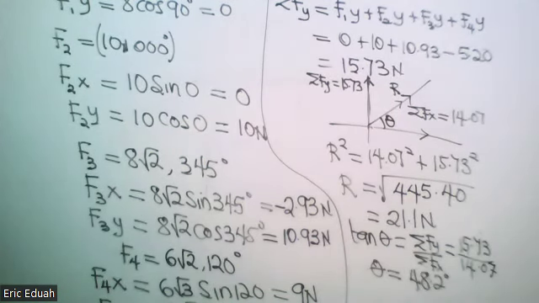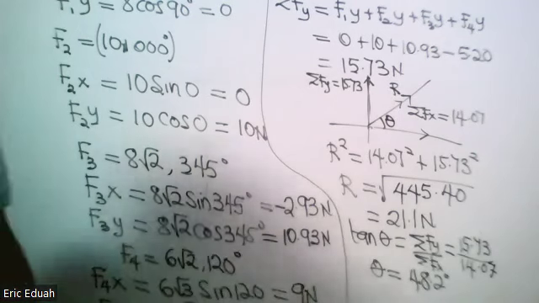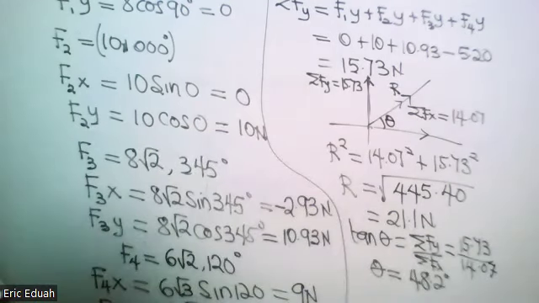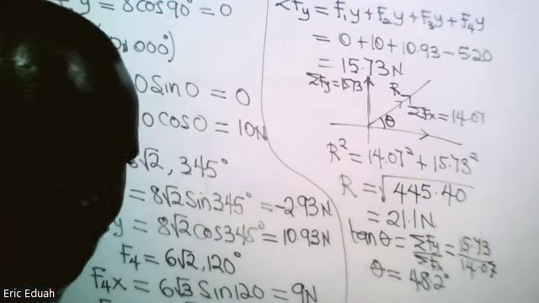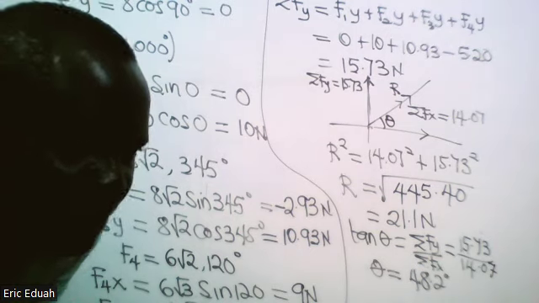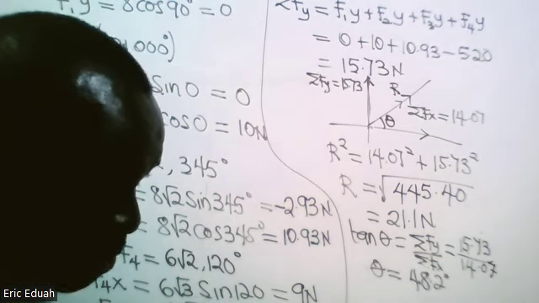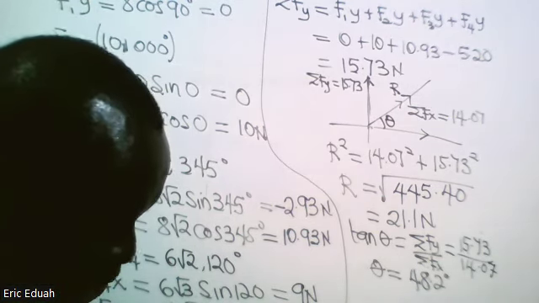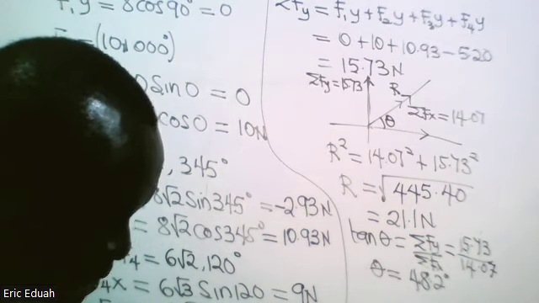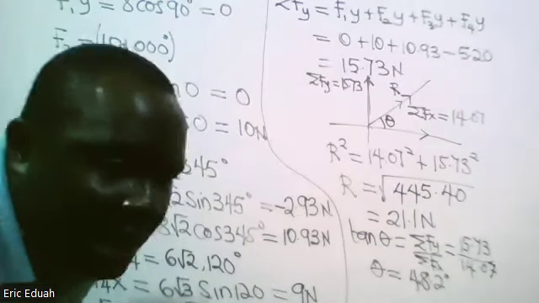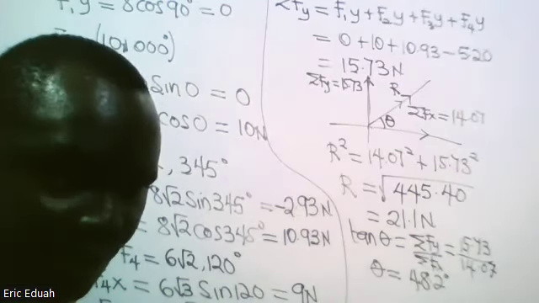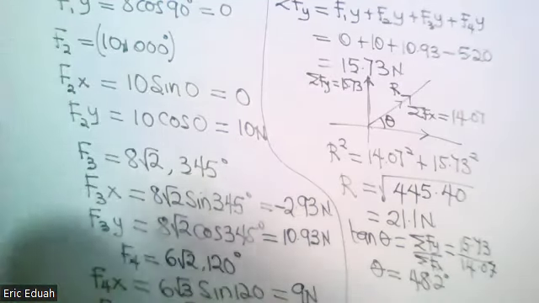All right. The next question is about the initial acceleration. Acceleration is the change in velocity with respect to time. And Newton's second law says that a body would accelerate when there is an external force acting on the body.